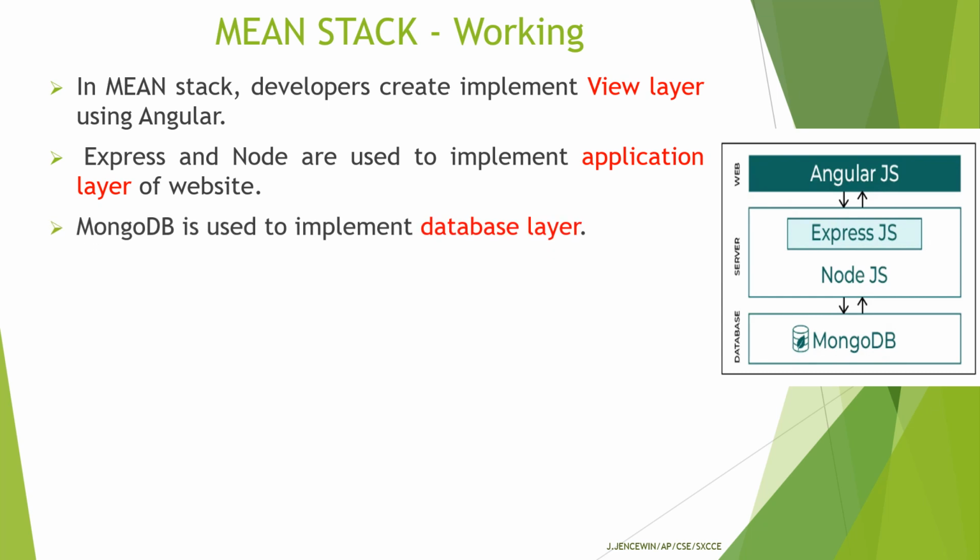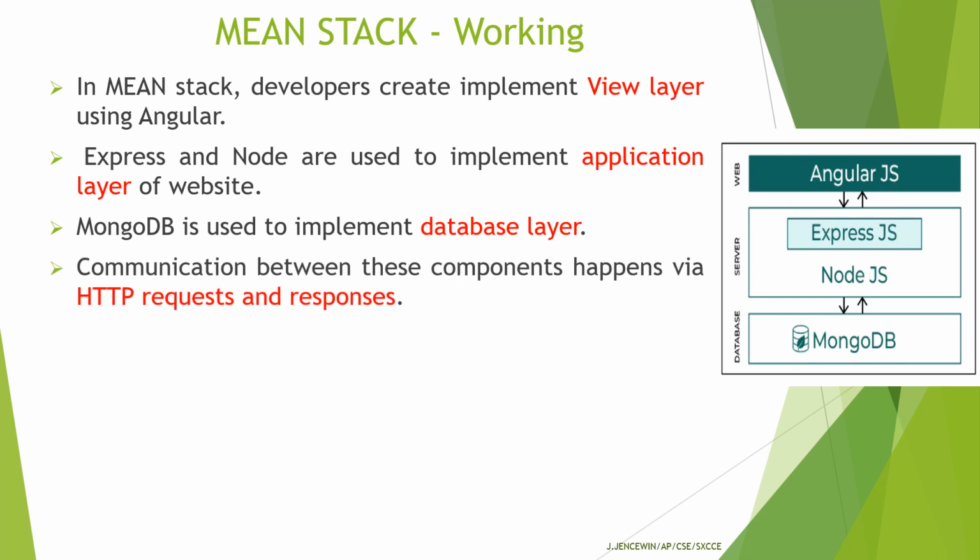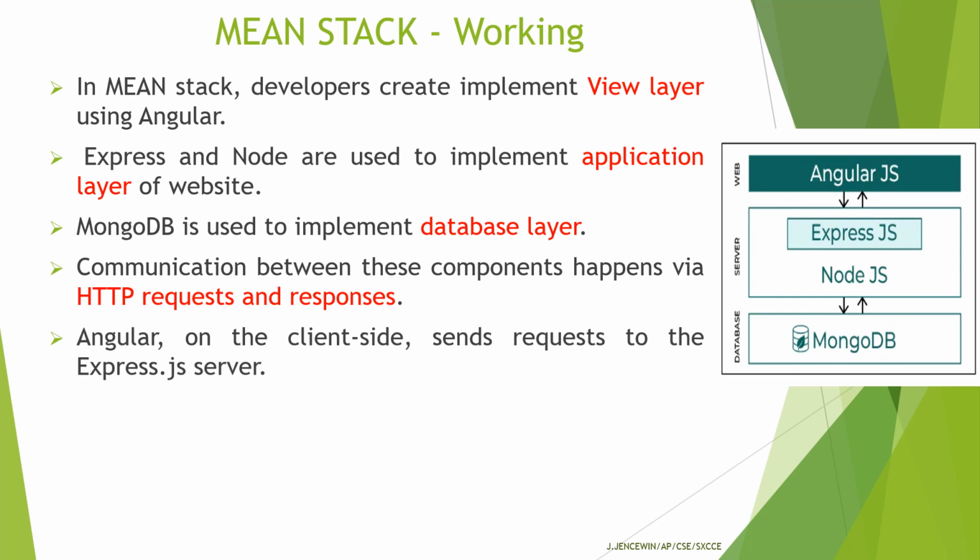MongoDB is used to implement the database layer. So these four technologies are used to develop the three different parts of a full stack application. For communication, they use HTTP requests and responses.